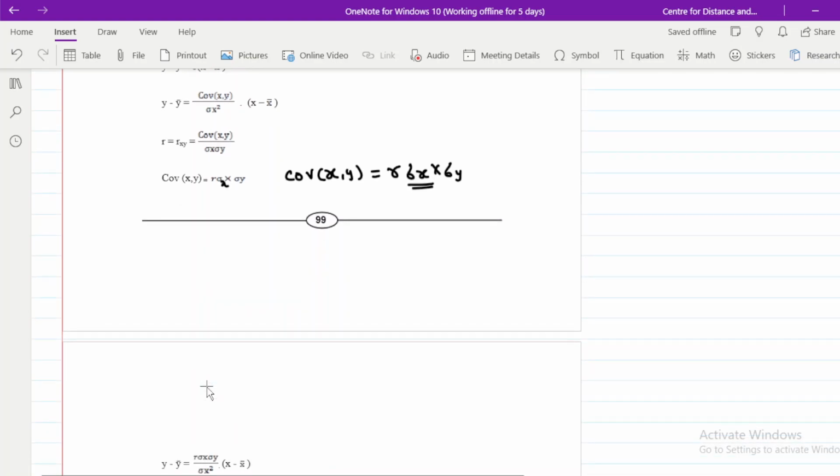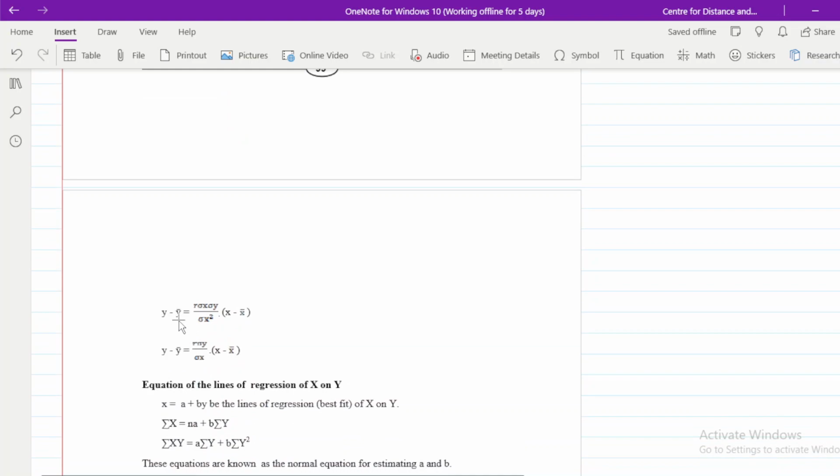Then putting this value in the equation we get y minus y bar is equal to r into sigma x sigma y divided by sigma x square into x minus x bar. Therefore, cancelling out the term sigma x from numerator and denominator, we get y minus y bar is equal to r into sigma y divided by sigma x into x minus x bar.